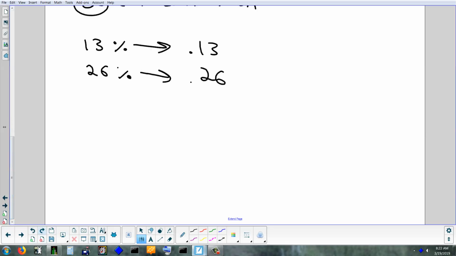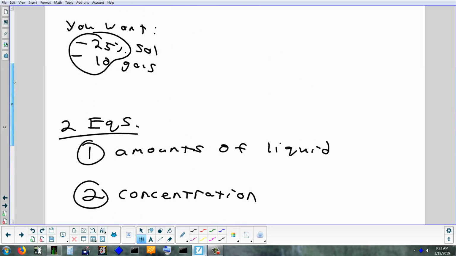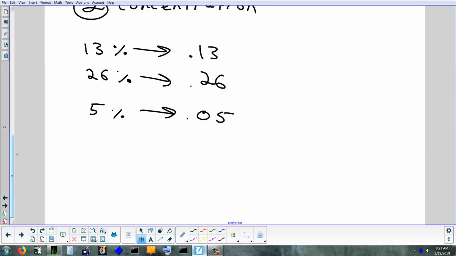And what if you had 5%? That would actually be 0.05, because remember, if your decimal was here and you go 2 places to the left, you have to add a 0. So that's one simple thing that can trip people up. You just have to remember to change percents to decimals anytime you use them in a problem. Any questions on that?